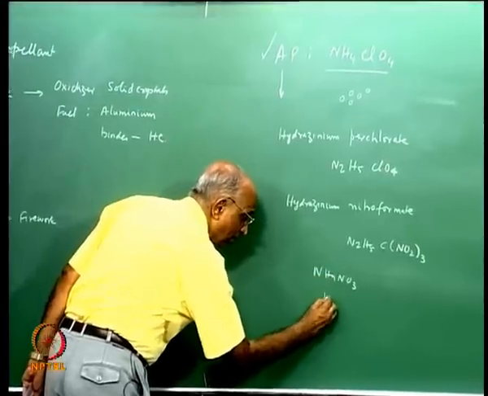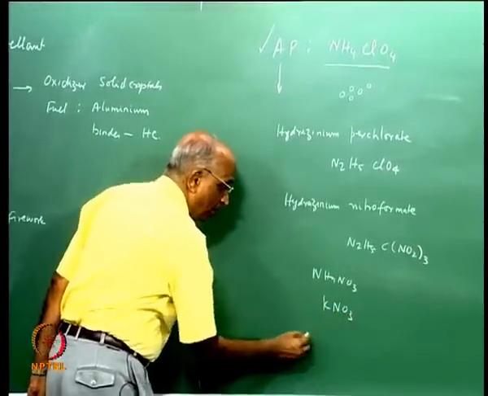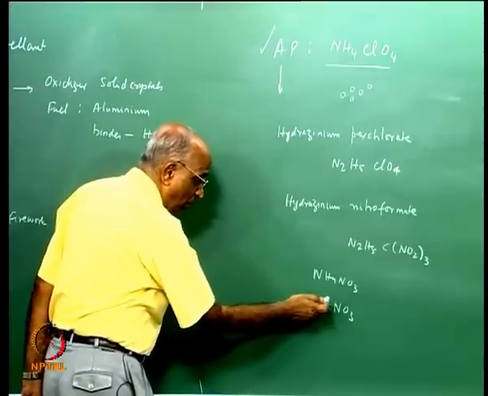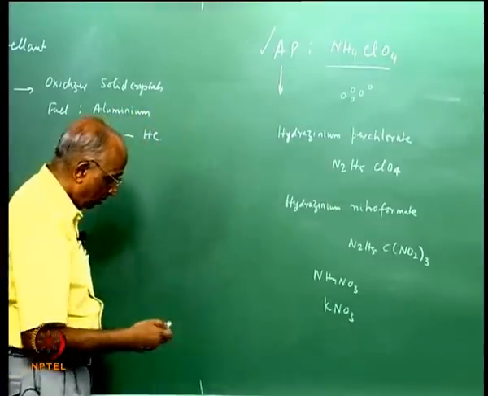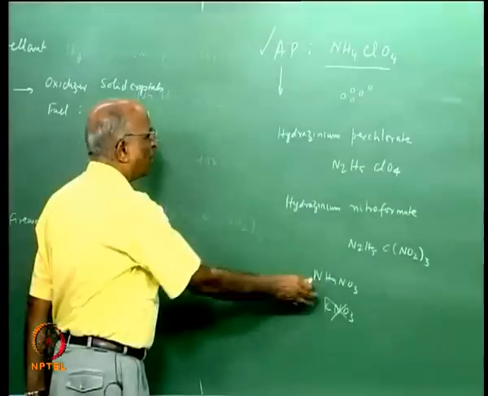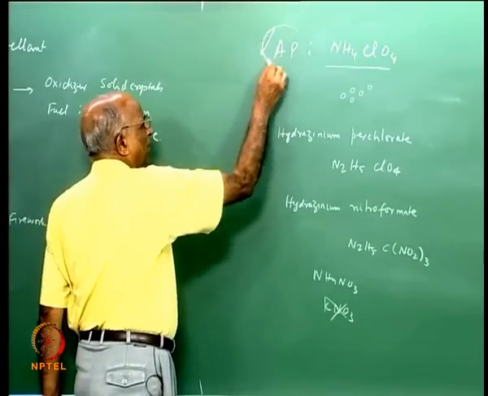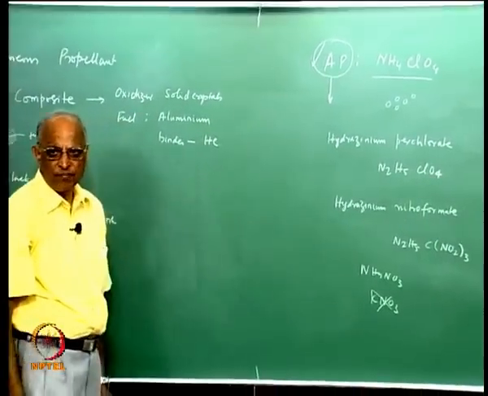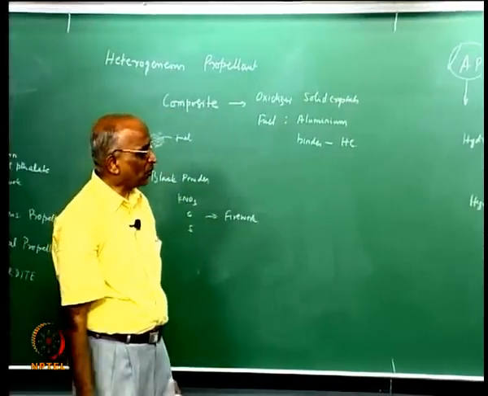We could in fact use KNO3, but again the K has a larger value of atomic mass, and therefore it is not a preferred choice. Whatever be the oxidizer for a composite propellant, ultimately what is being used today is only ammonium perchlorate. This is all about oxidizers for the composite propellant.